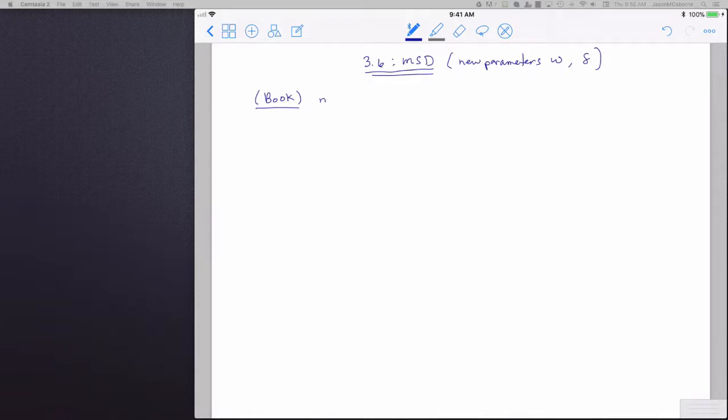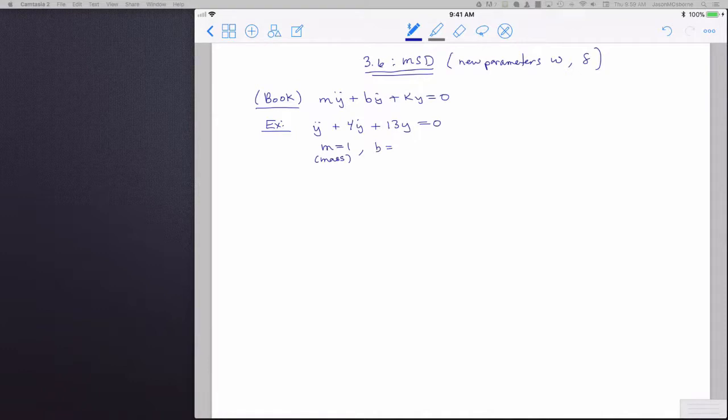So in the book, they're considering the differential equation my double dot plus by dot plus ky is equal to 0. And so, for example, in the differential equation y double dot plus 4y dot plus 13y equal to 0, M is equal to 1 for the mass of the mass on a spring, how much mass is there, for example.